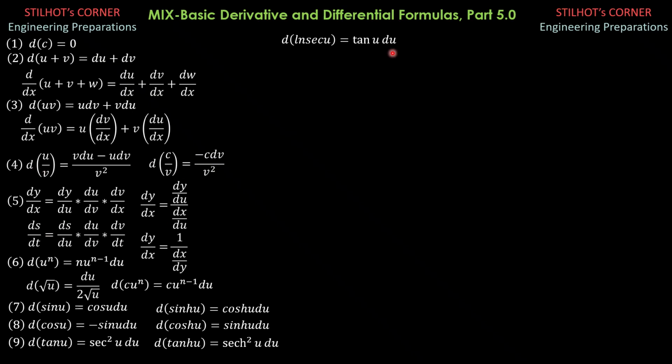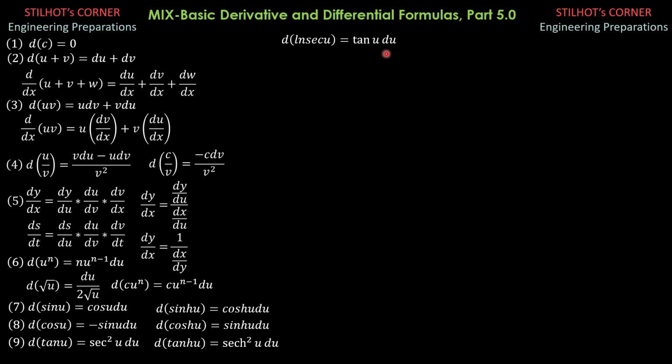You will arrive at that formula. Then for Filipino people, you may imagine this is insect u, insect, insect u. So the differential is tan, which is the surname of most Chinese people.